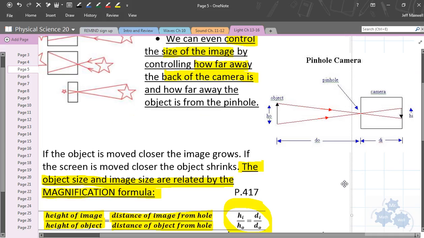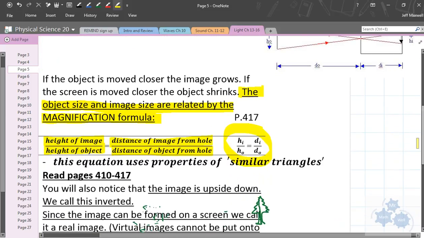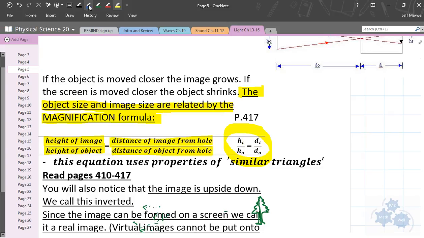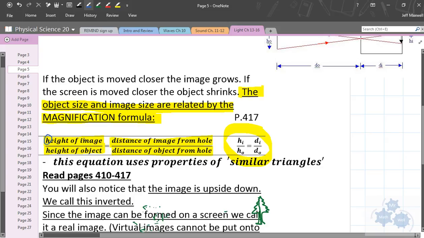All right, so on page 417, you see the Magnification Formula, which is easy to remember: hi over ho equals di over do. It's like a little rhyme that you can use. Hi is the height of the image, and Ho is the height of the object that we're taking the picture of.